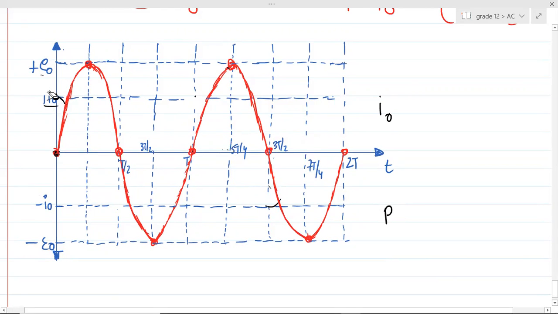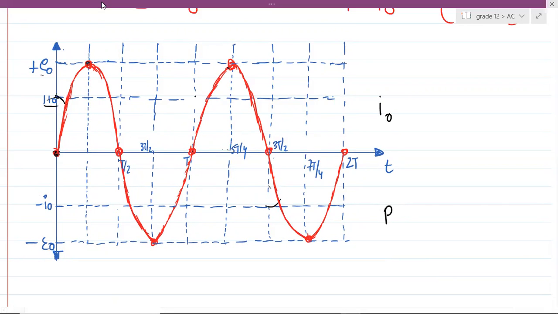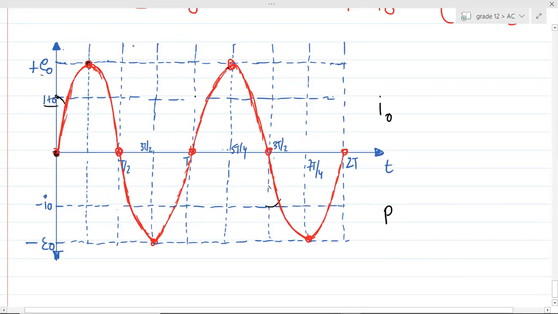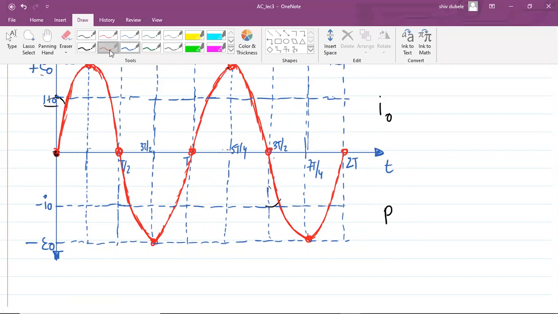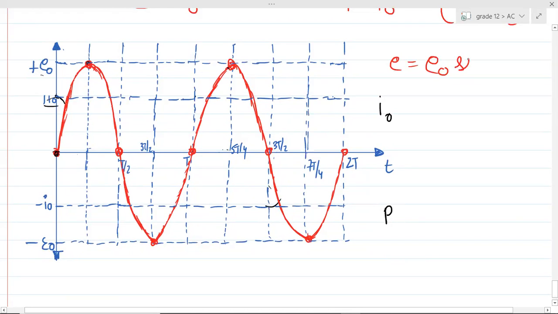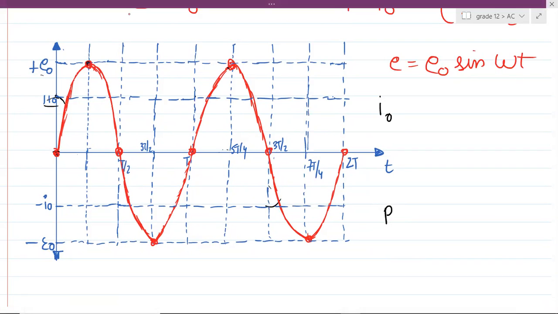Yes, sir. So please draw the same diagram again. I know it will be again a task for you people, but can you see what is the only change which we are doing? Can you see E equals E naught sine omega t is same? Everyone can see this.